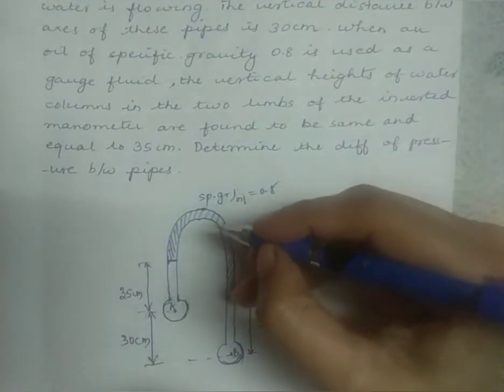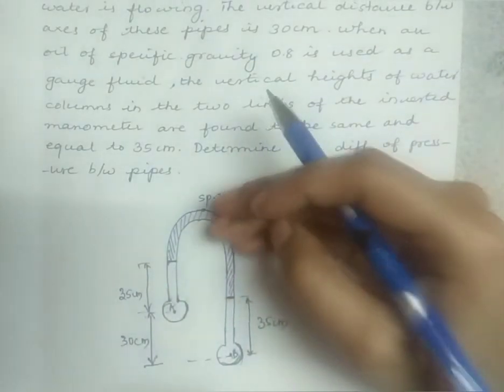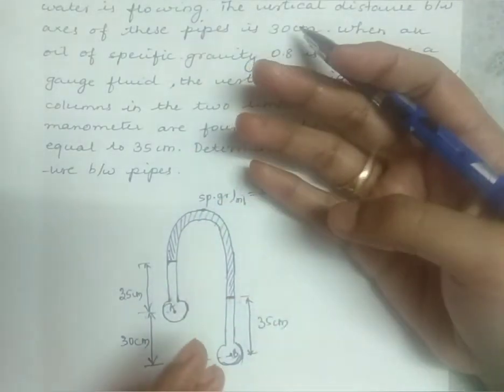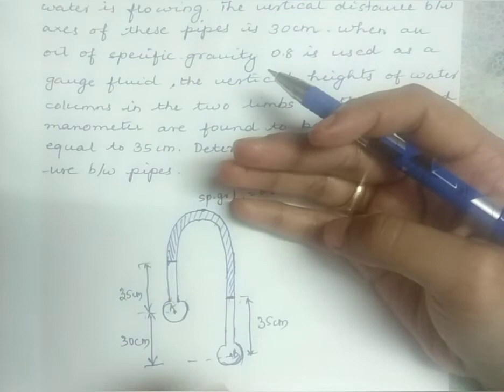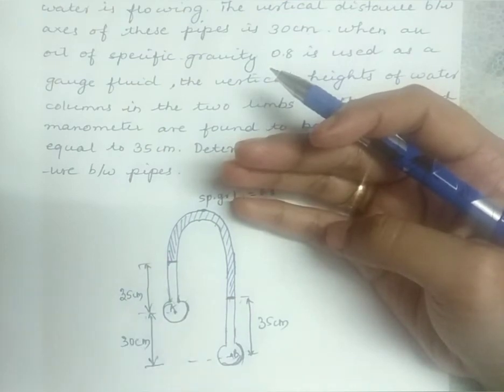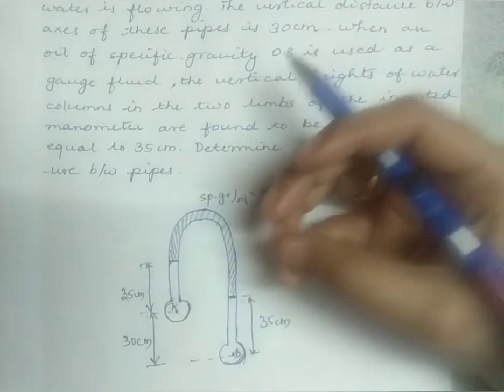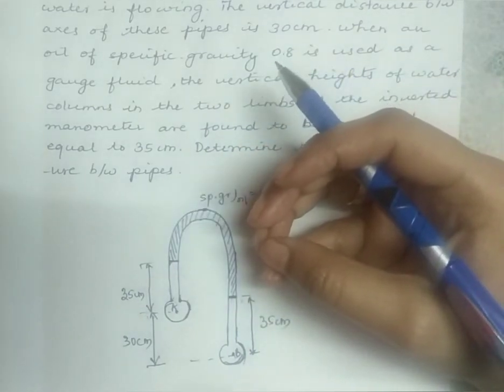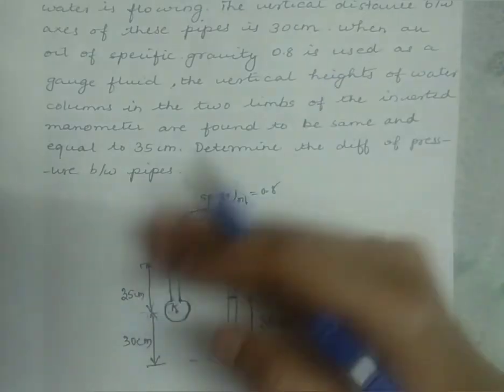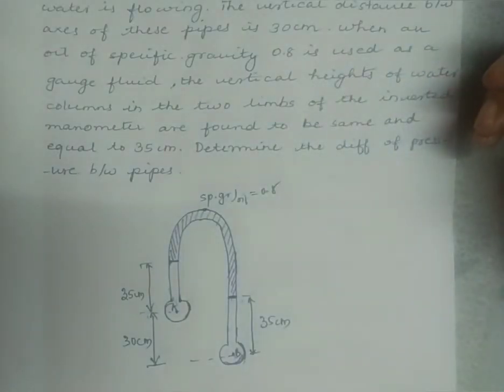Those air bubbles may hinder the accuracy of the result, that is the pressure difference between those two pipes. So to measure very low pressure differences, mainly we use an inverted U-tube differential manometer.